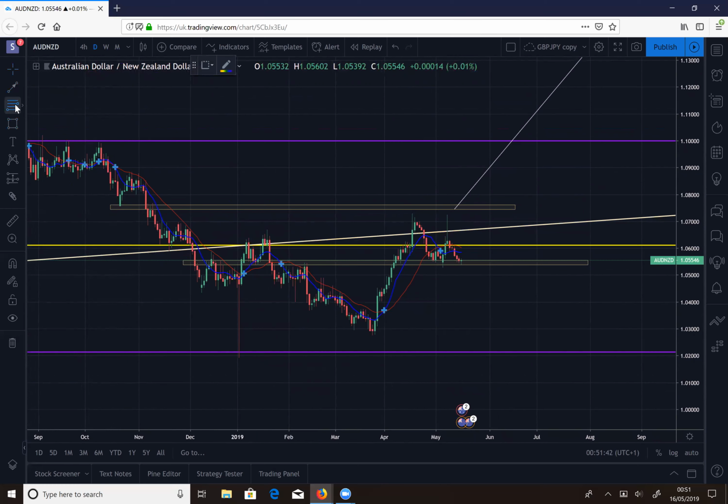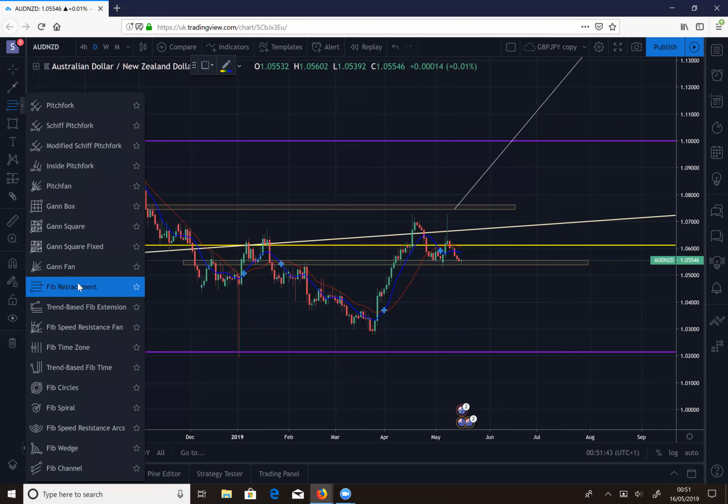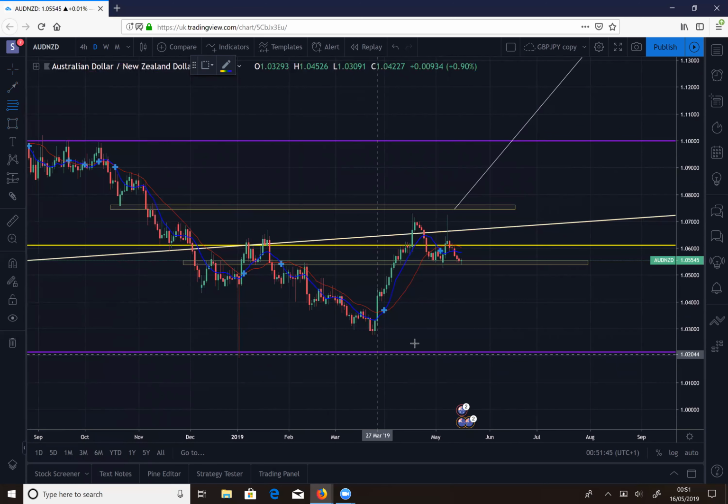From here, we've made a higher high compared to the last high, and we've also formed a lower low, higher low, higher low compared to this one right here.